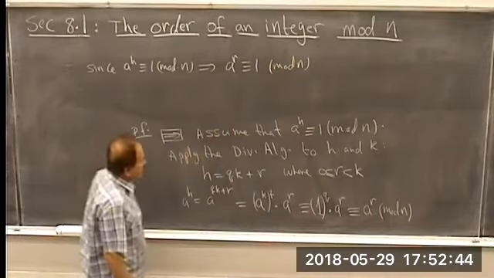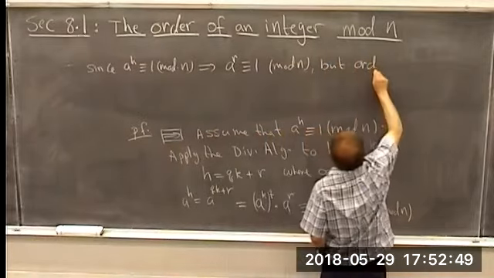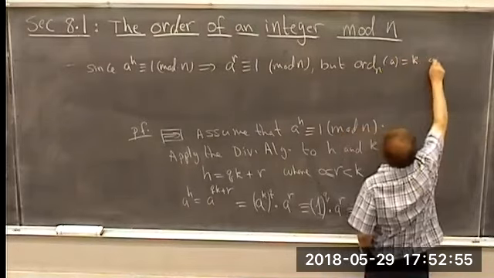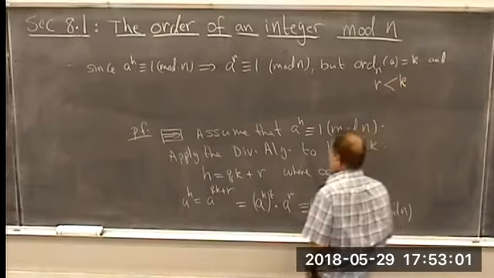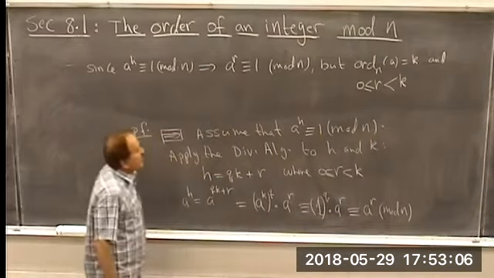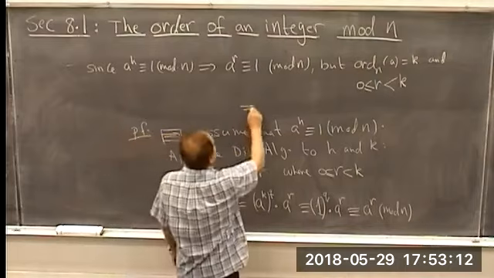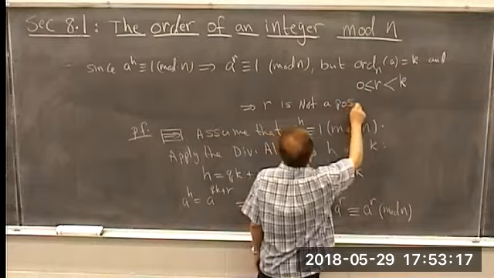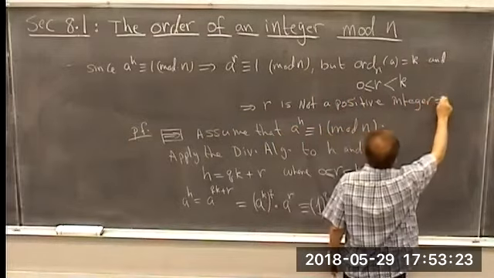But since the order of A is equal to k, and r is less than k, the only way this holds is if r cannot be a positive integer. So this implies r is not a positive integer, and this implies it must equal 0.